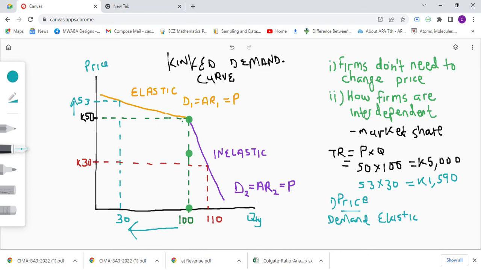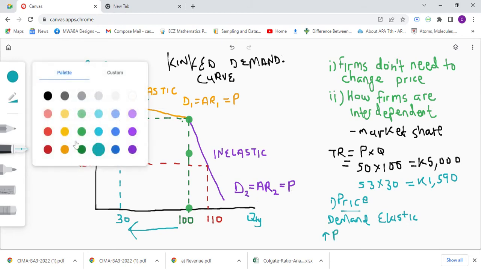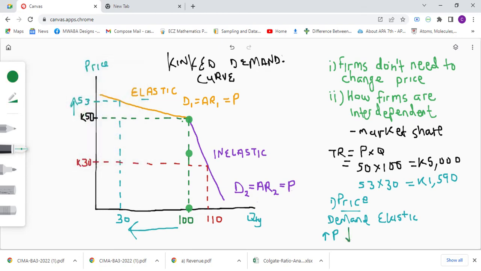When we say elastic, we're talking about how demand responds to price. So a very small increase in price is going to lead to a great reduction in demand, a very huge reduction.